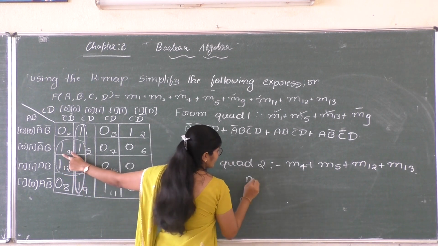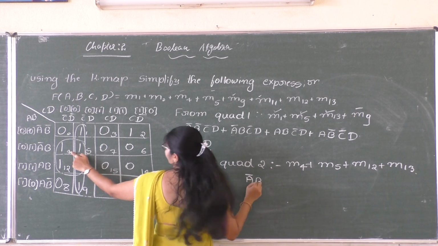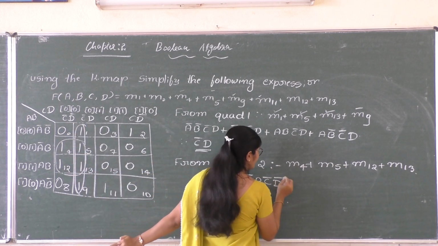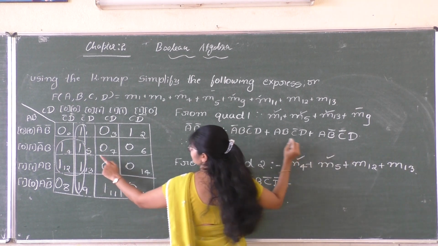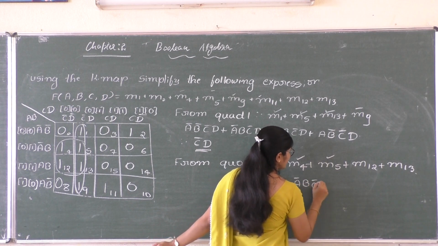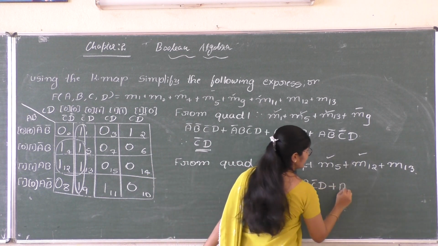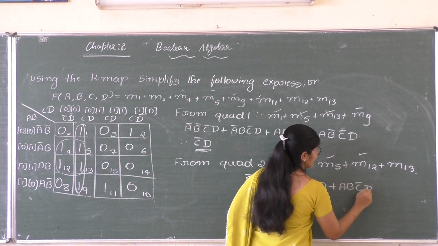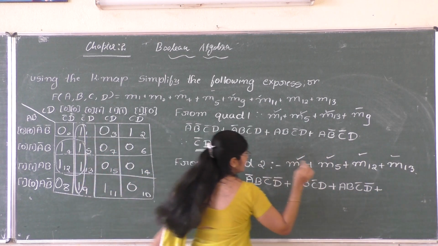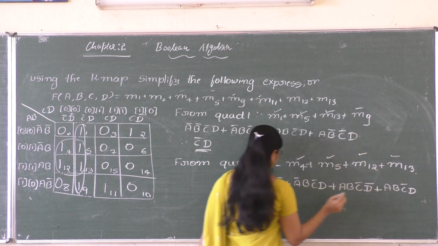M4 A bar B C bar D bar plus M5 A bar B C bar D plus M12 A B C bar D bar plus M13 A B C bar D.